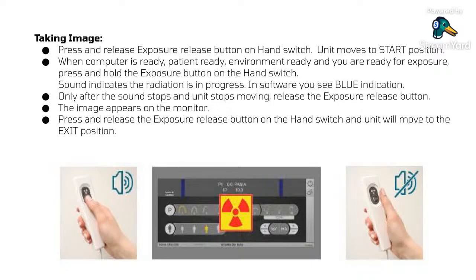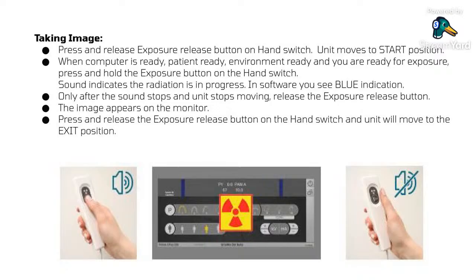In some panoramic devices, if the patient ends up moving, there is a compensation of up to 1.5 centimeters. Okay, so it does compensate in the image that we get. Now only after the sound stops and the unit stops moving, which will give you a yellow indication in the software, you will release the exposure release button on this hand switch.